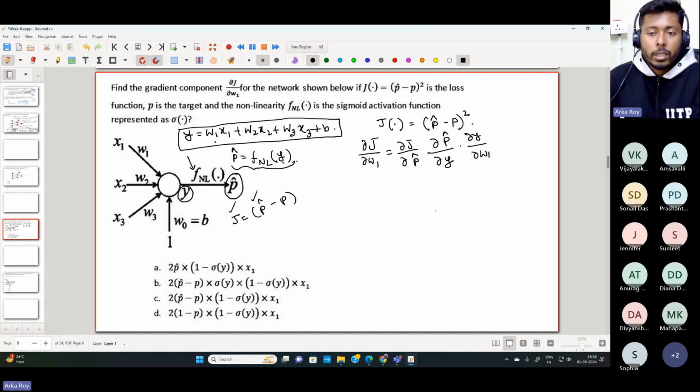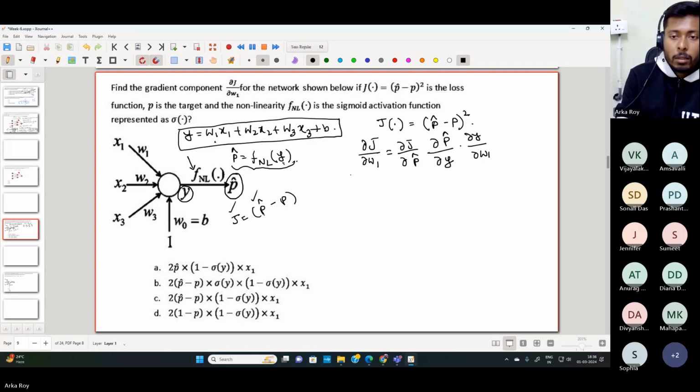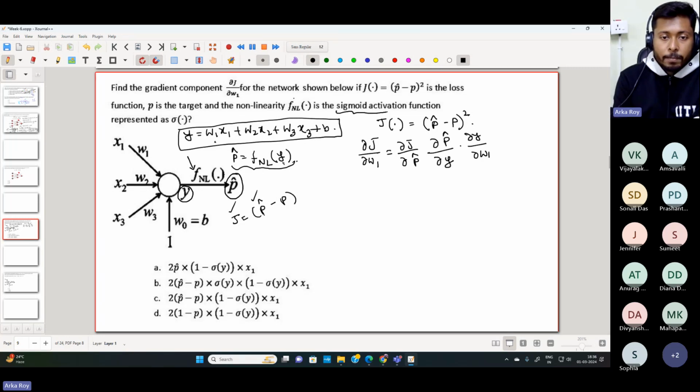In this way you need to go for the chain rule process, because J is made up of p hat, which is made up of y, and y is subsequently made up of w1. So that is what we have followed over here: del J by del p hat, then del p hat by del y, and then del y with respect to w1. Okay. And in the question, they have said that this nonlinear activation function is a sigmoid function. So effectively, p hat equals sigma of y.